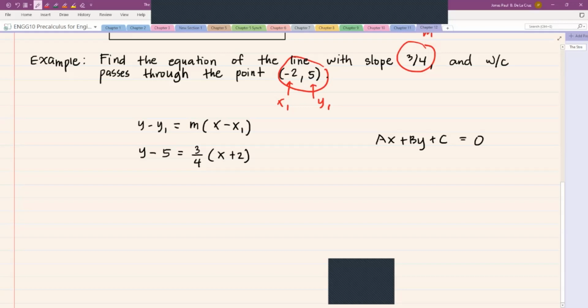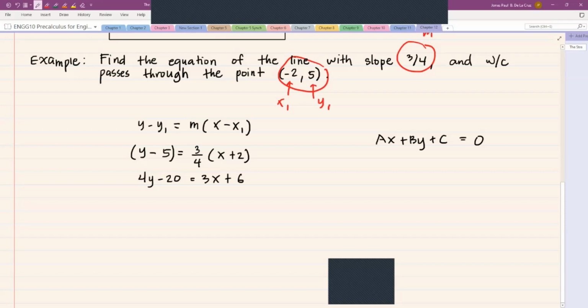So para ma-solve natin na naka-general form ito, anong gagawin natin? Una, we need to multiply kasi may fraction ito, di ba? Multiply muna natin ng 4 ito para matanggal yung denominator. So magiging 4y minus 20 is equal to, tapos i-distribute natin yung 3 doon. So 3x plus 6.